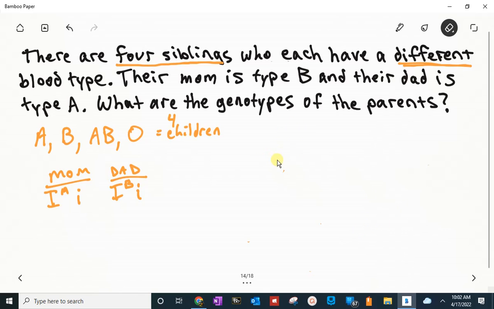So for mom, we're going to have a dominant A for one allele and a lowercase i for the other. For the dad, we're going to have a dominant B and a lowercase i for the other.